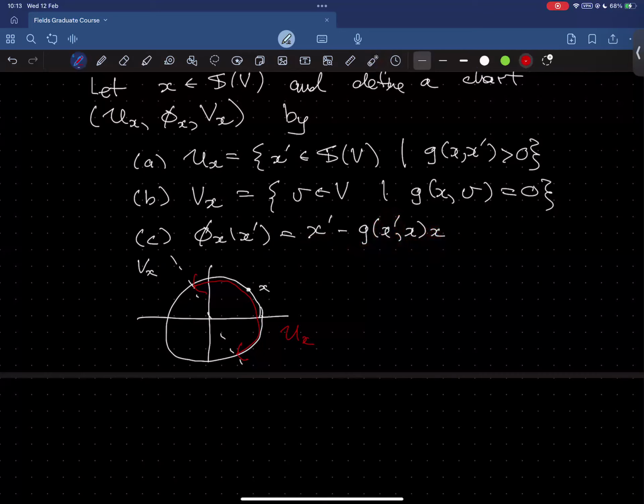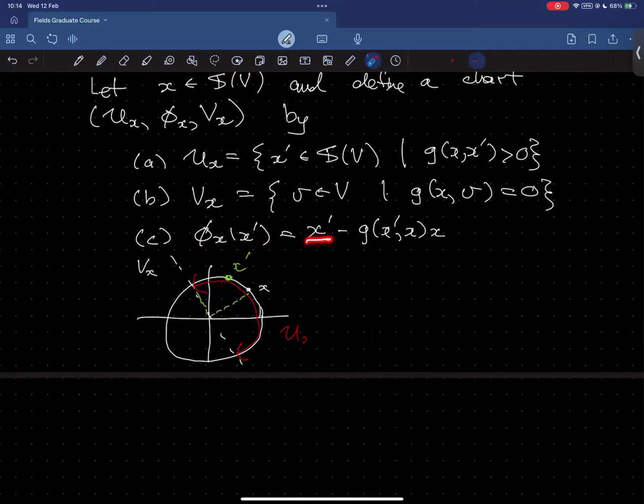Okay, so let me draw a green thing here. If I take a point X prime, and I write X prime as two things: I have a component of X prime in the direction of X, and then I have a component of X prime which is orthogonal to X, right? And that's what this is.